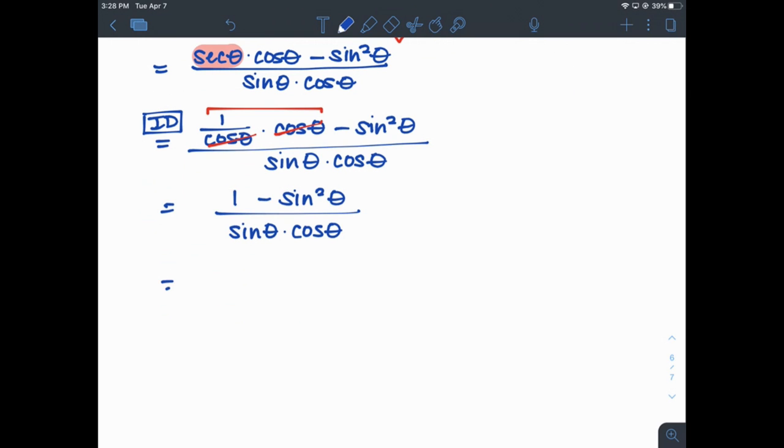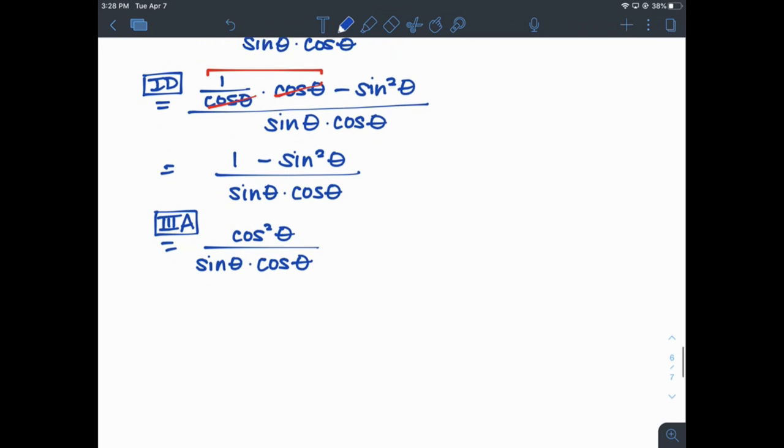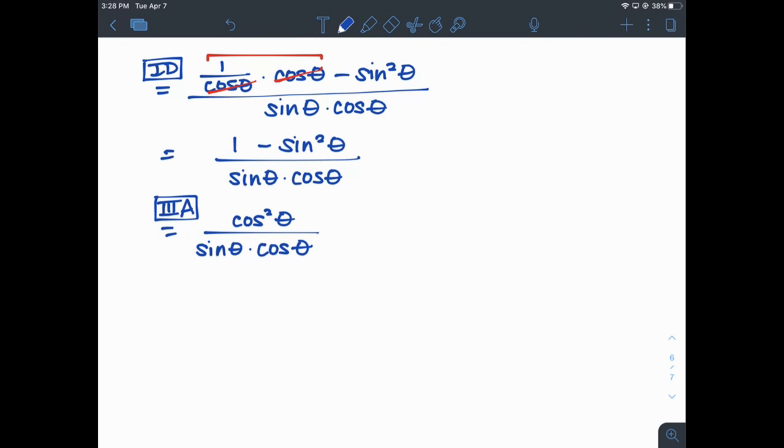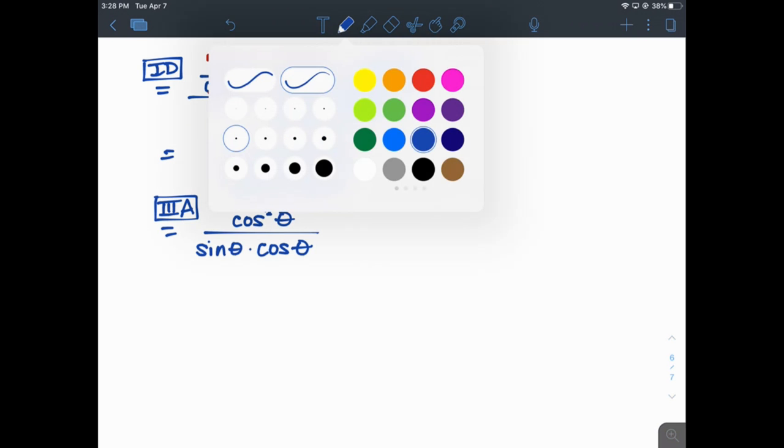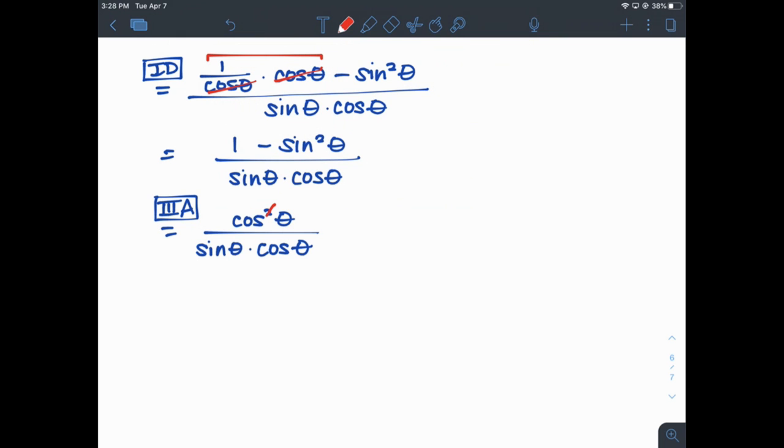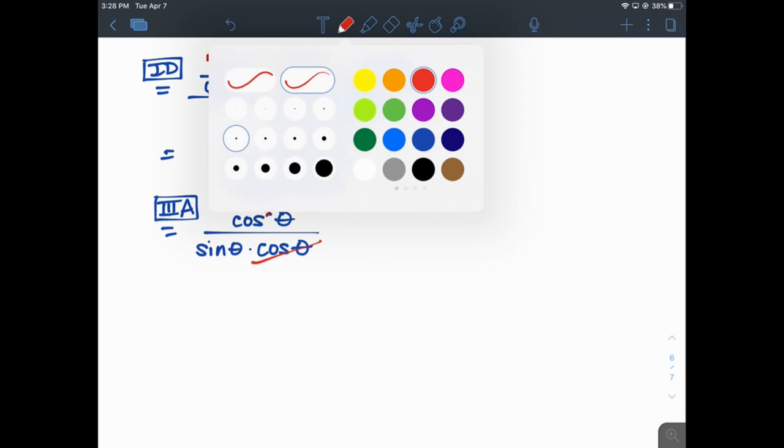And then the numerator is 3a. Numerator is cosine squared theta. Denominator comes along. And now everything in this fraction is multiplication. We have multiplication in the numerator, we have multiplication in the denominator, and multiplication everywhere allows us to cancel.